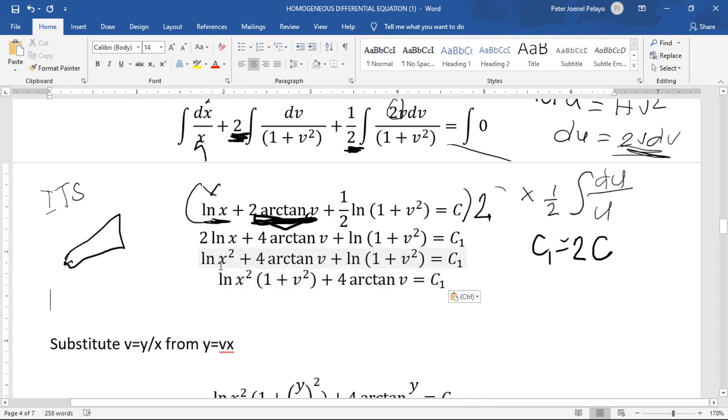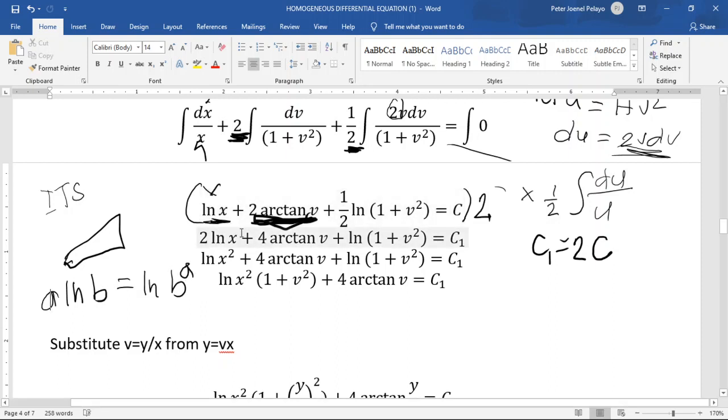Tama. And then, we can combine this. Ito muna pala, si 2 ln x, ang ginamit dyan is the property A ln B is equal to ln B raised to A. Yun lang yung ginamit dyan.